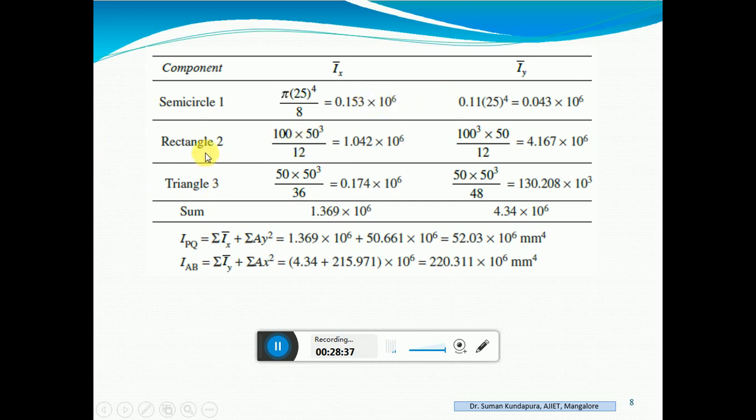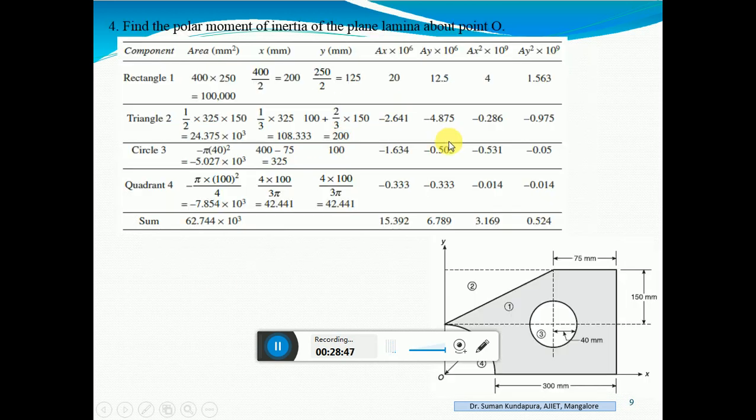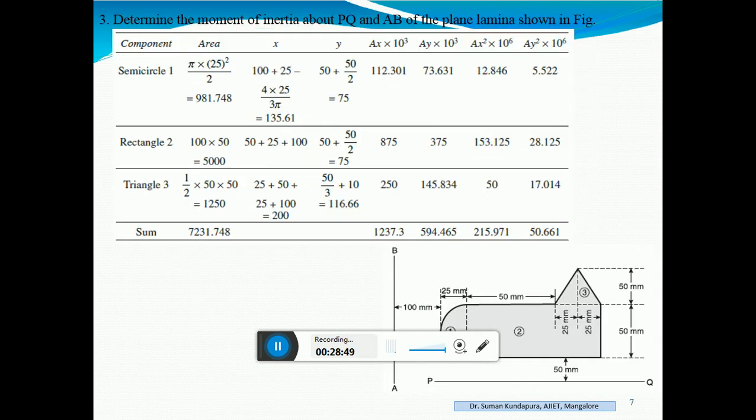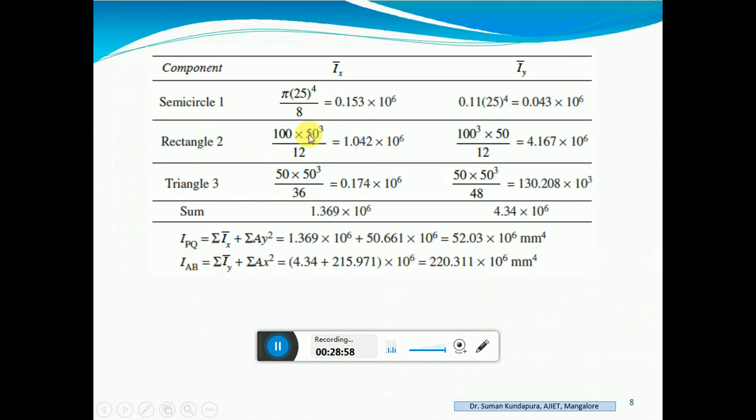Ix bar for rectangle 2 is BD cube by 12. B for the rectangle 2 is 100, D cube 50 cube, 100 into 50 cube by 12. Okay, here it is D cube B by 12.